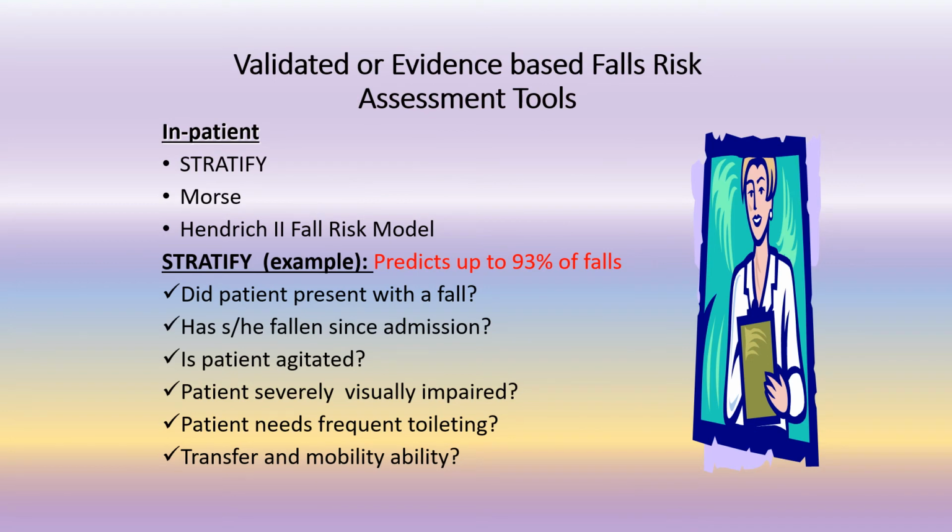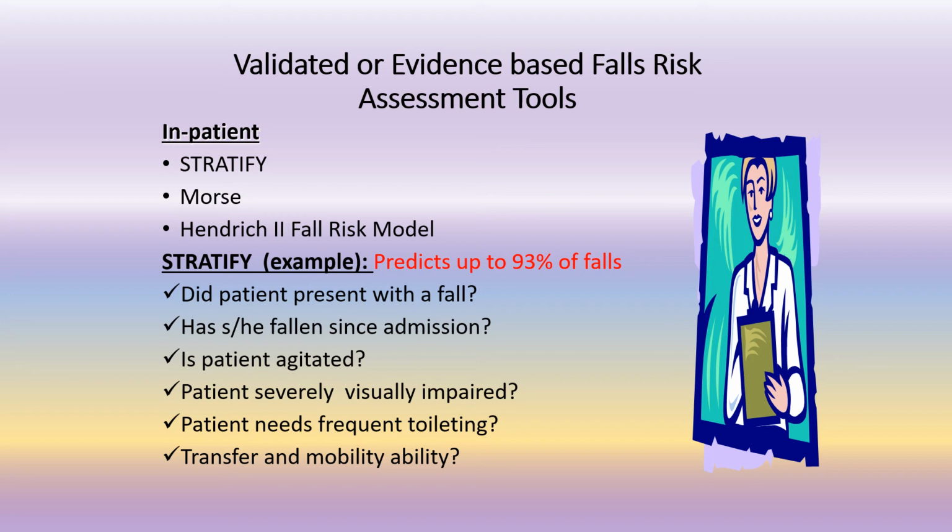There are some validated or evidence-based fall risk assessment tools that I want you to go through. For example, for the inpatient, STRATIFY, Morse, and Hendrich fall risk models that are there in your book. Please go through them. So for example, STRATIFY can predict up to 93% of falls. And it asks several questions, such as did patient present with fall?